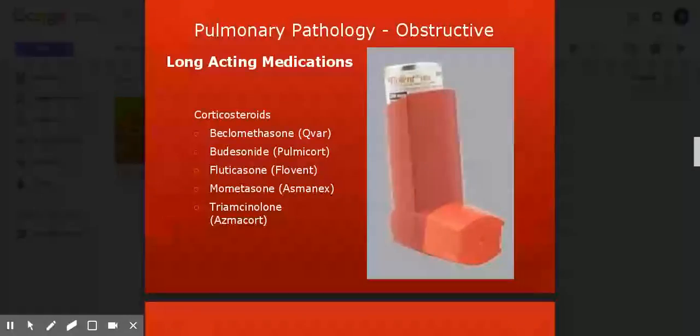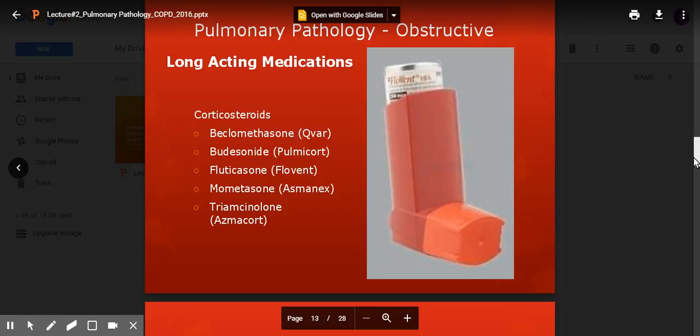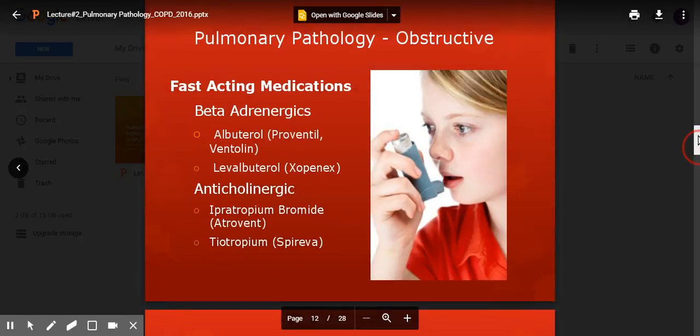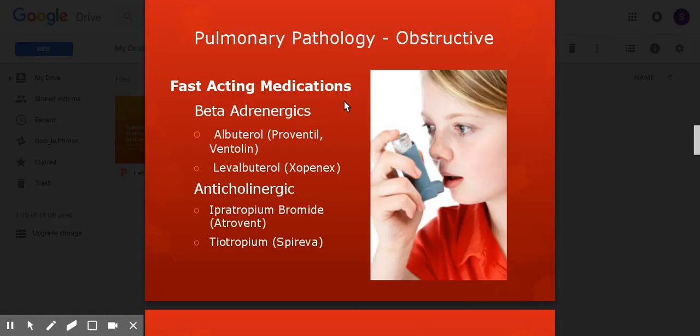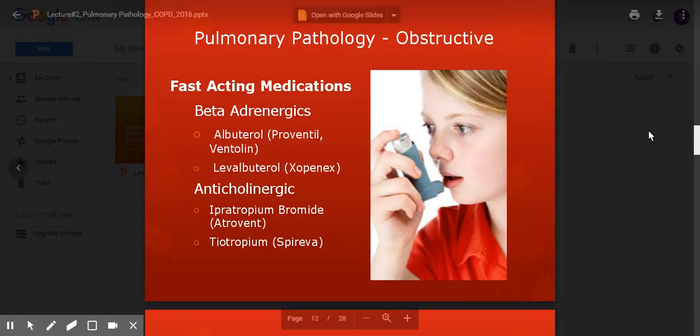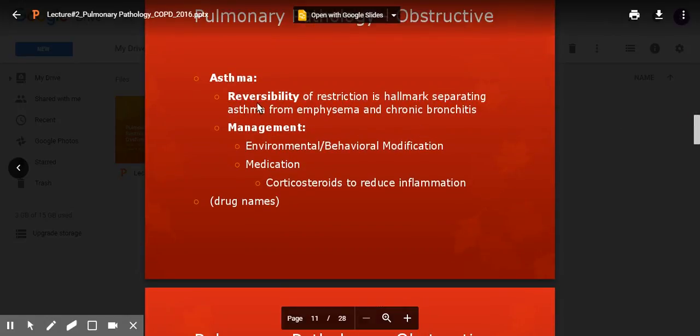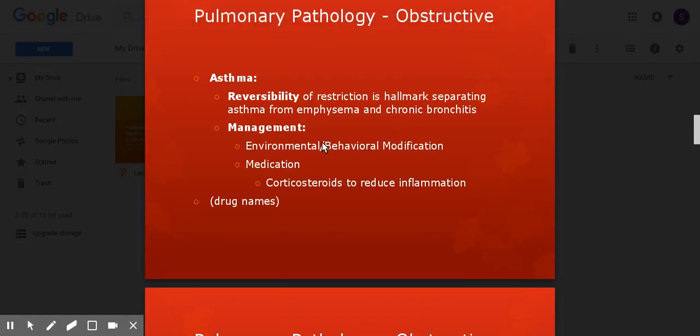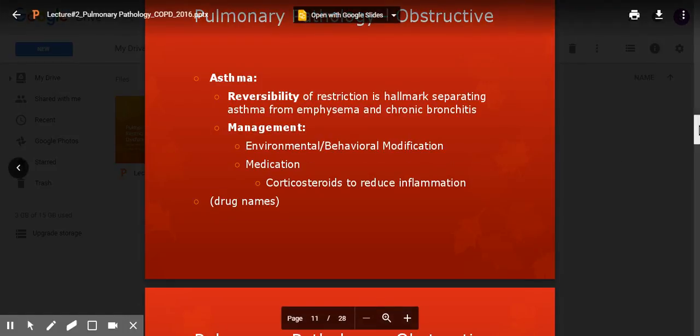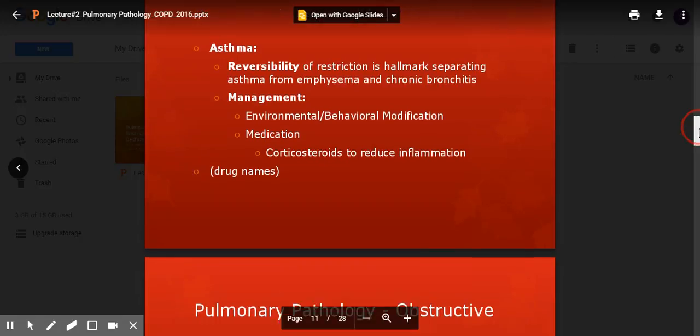And so a combination of a long-acting, long-term medication like a corticosteroid, along with a fast-acting smooth muscle relaxer for acute episodes, as well as removal of whatever's causing the asthma attacks to begin with, is the three steps for management of asthma.